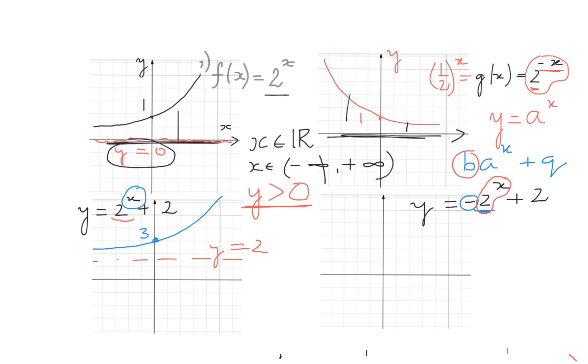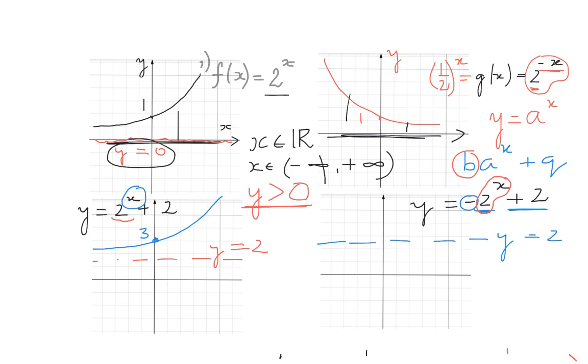What do I know about this function? Well, we're not going to do the entire revision of the Form 4 work. If you need that, you have to go back to your Form 4 textbooks with the exponential graphs. But we know that plus 2, our asymptote remains y equals 2. I need to find now whether this function will have an x-cut or not.